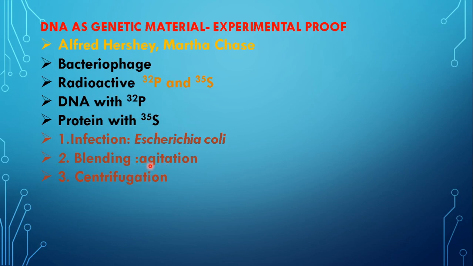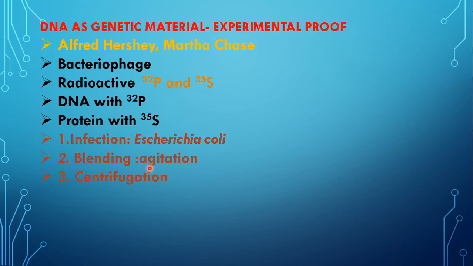During agitation, the bacteria get separated from the content left behind by the bacteriophage. The bacteriophage has left behind either DNA or protein outside the bacterial cell, and something has entered. This agitation will separate these two.